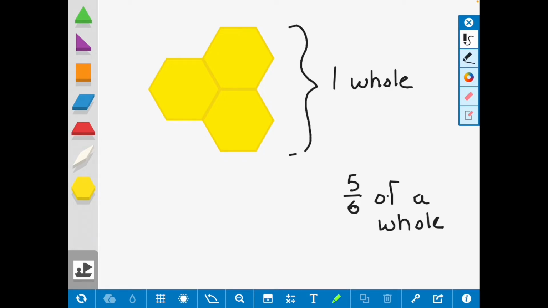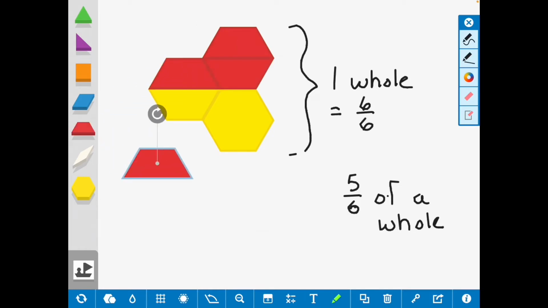In order to do this, we need to reimagine our one whole in terms of sixths. One whole is equivalent to 6/6. I know that I can put 2 trapezoids on a hexagon, so I can break the hexagon into 2 equal parts.